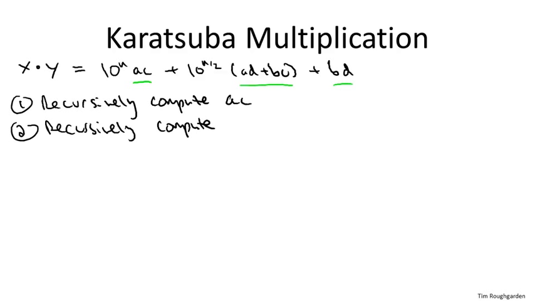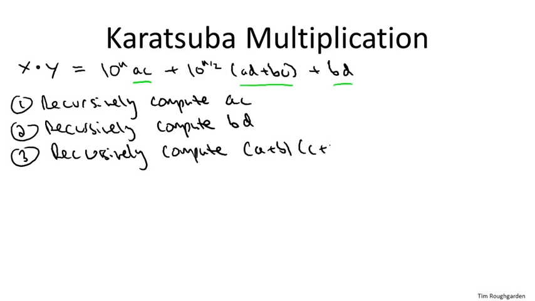The third step is the clever one, where we recursively compute the product of the quantity A plus B with C plus D. Now, expanding, what are we going to get when we recursively compute this product? We're going to get AC plus BD plus AD plus BC.